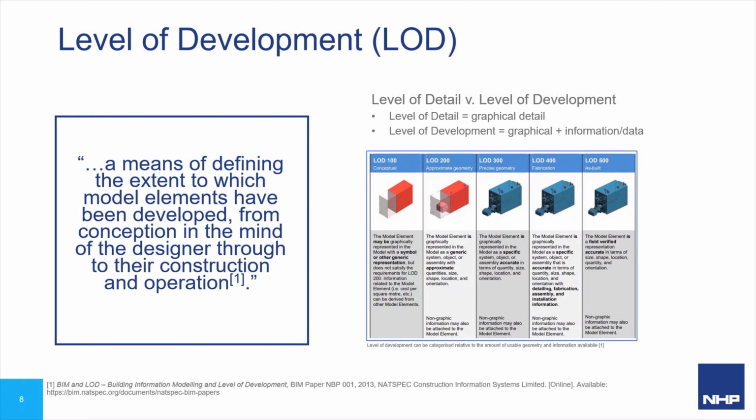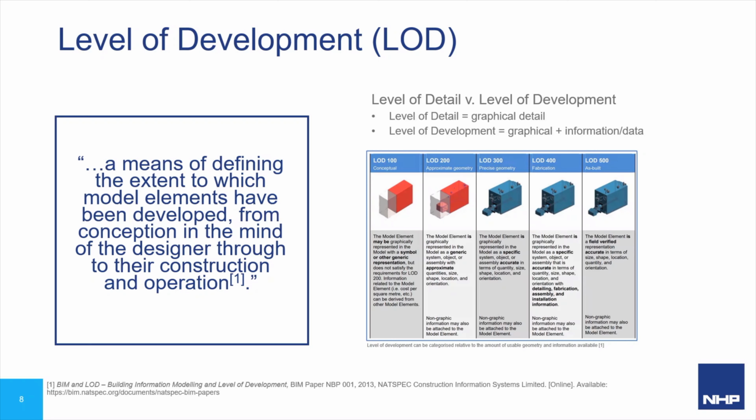Specifying LOD provides a method of clearly articulating how reliable a BIM object is. In other words, how much information and how accurate is the information within the BIM object in comparison to its real-life counterpart. Consider level of detail a subset of level of development.